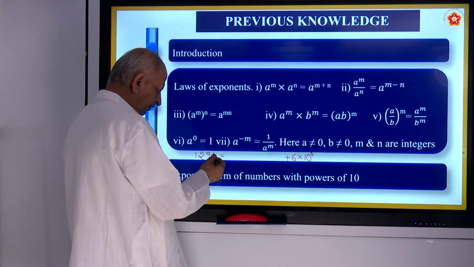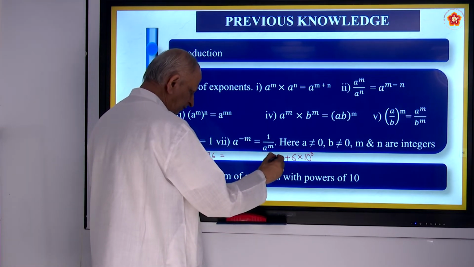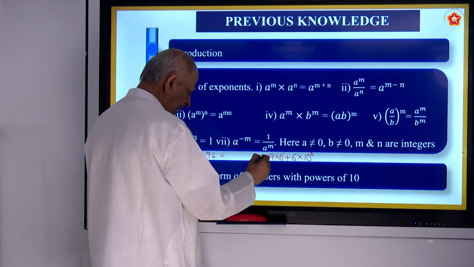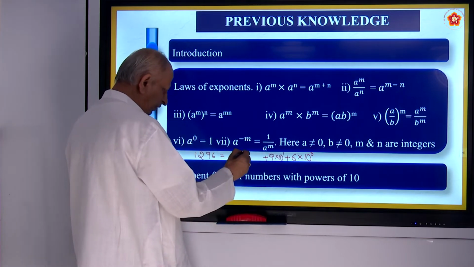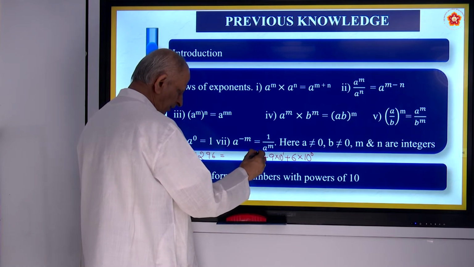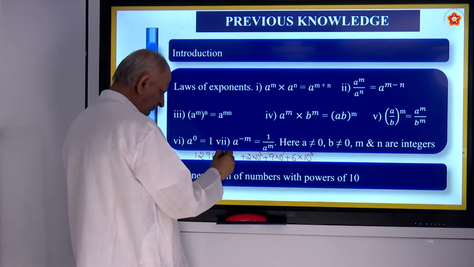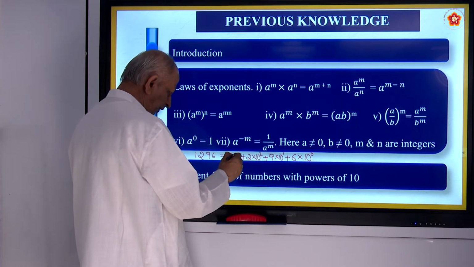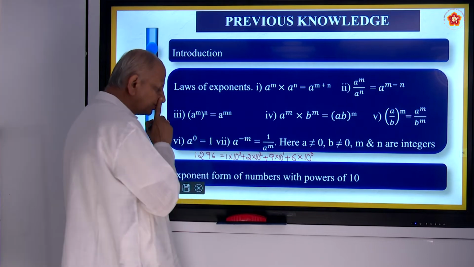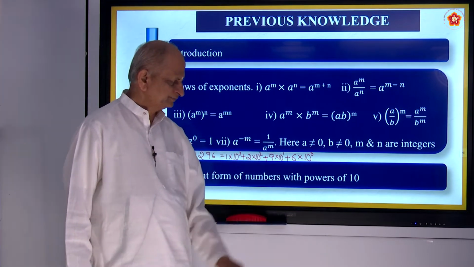Then before that comes 9. That is in 10 place. The 10 to the power of 1. Before that 2 comes. 10 to the power of, come on, 2. Before that 1 comes. 10 to the power of 3.